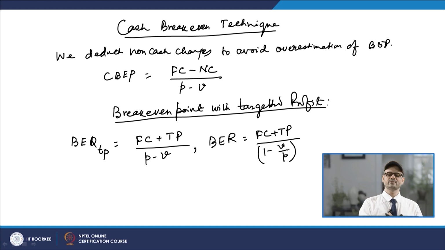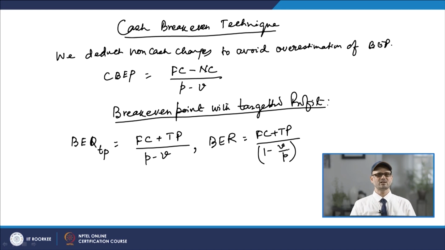In one case we are subtracting to avoid any overestimation of the break even quantity, and in this case we are adding, which will include the profit which is to be earned at that particular quantity.